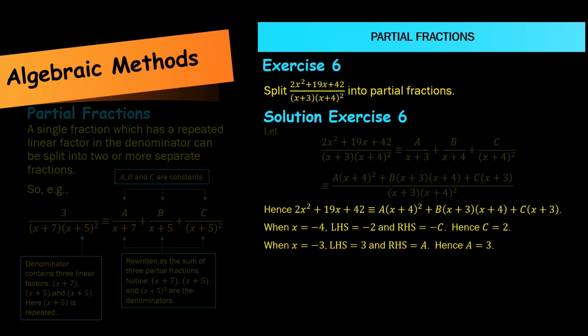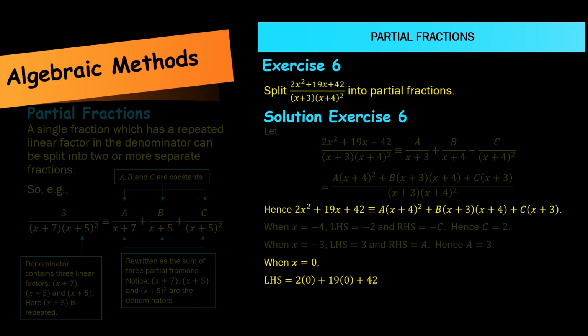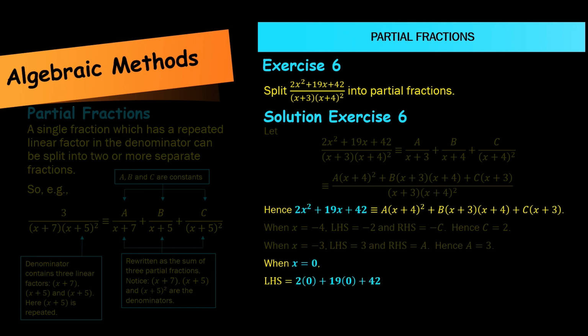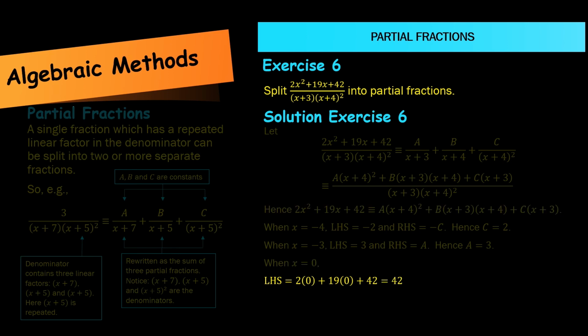The left-hand side doesn't have a, b or c, but when we plug in x equals 0, we obtain 2 times 0 plus 19 times 0 plus 42, giving us that the left-hand side equals 42.